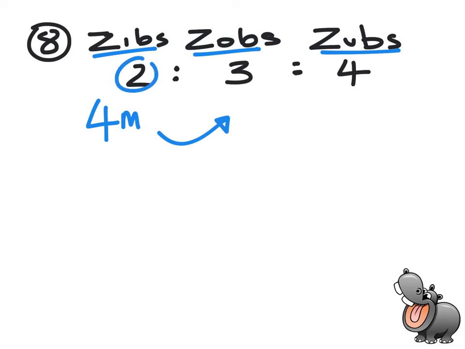Because if the ratio is 2 to 3, if 4 million is equivalent to 2, how many million is going to be equivalent to 3? Or in other words, if 4 million is equivalent to 2, how many million is equivalent to 1? Once you know that, you can work out the zobs, and then you can work out the zubs.